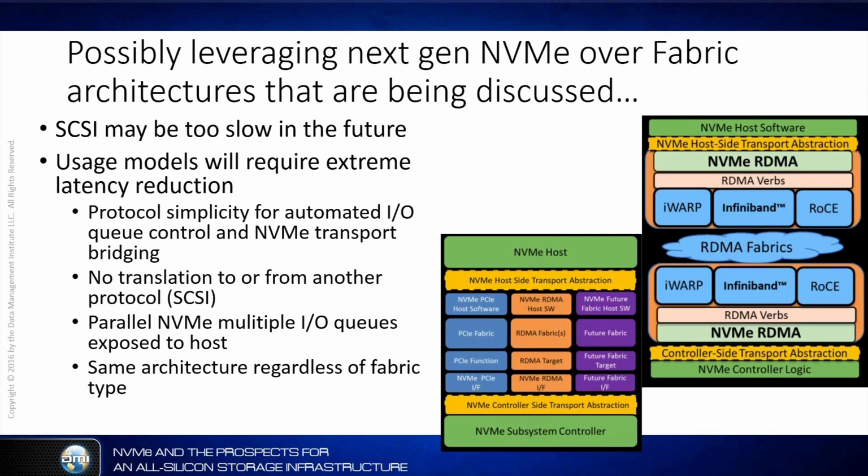So what they're thinking now is that we might be able to take NVMe and supplement it with various flavors of protocols that are designed specifically for memory, and then basically deliver it with some IO queue control and transport bridging, and we'll be able to connect all these pizza boxes together and create a highly scalable infrastructure.